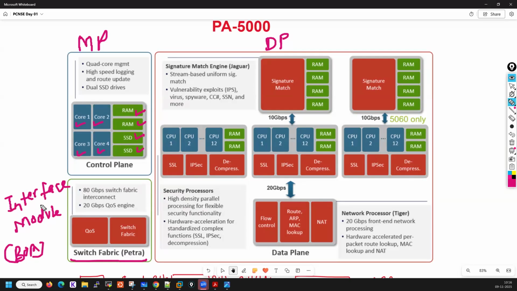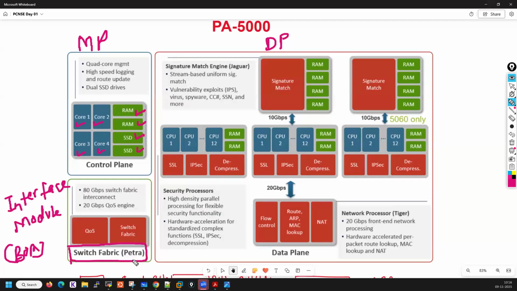If you don't know, there is one interface module that we have to insert, and it has all the ports where we connect our interfaces like RJ45 ports, some SFP ports, some QSFP ports, those fiber ports and all. So all those things are known as a switch fabric.